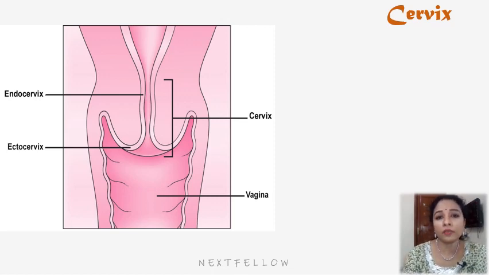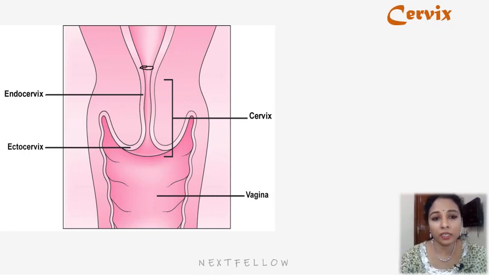Talking about the cervix, the cervix is the lower part of the uterus. It measures around 2.5 to 3 centimeters in length. The junction between the cervix and the uterus is the internal os, which externally corresponds to the isthmus, and the endocervical canal connects the uterine cavity and the vaginal cavity.